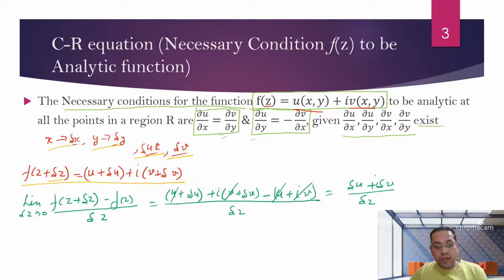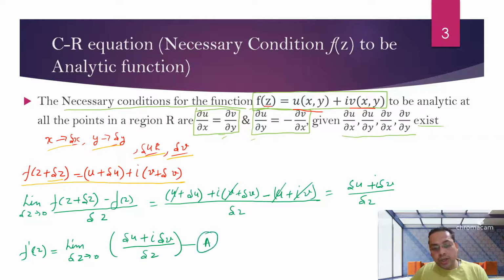So we have f dash z, which is the derivative of function z, is equal to limit delta z tends to 0 for delta u plus iota delta v over delta z. This is equation A. This is the derivative of function f.